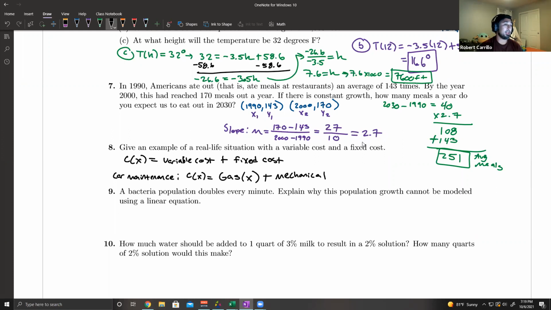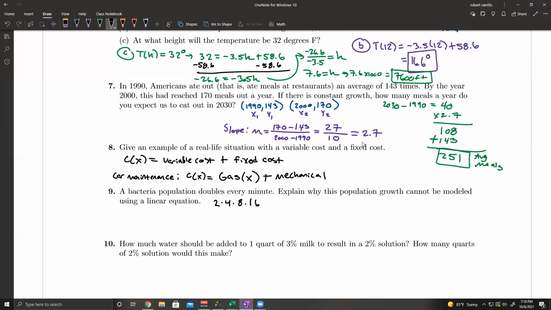Let's say I had a population of 2, then it doubled to 4, then that doubles to 8, then that doubles to 16. Could you model that by an actual linear equation? I don't think so. No. Why don't you think so? Because wouldn't you have to like square it or something like that?